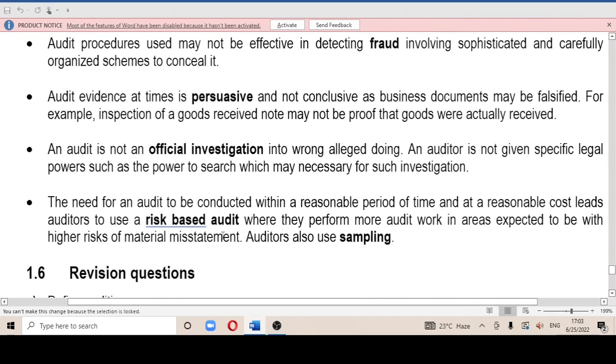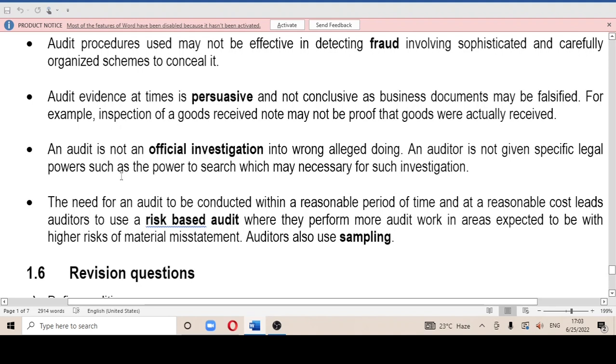Then the second last, it is saying an audit is not an official investigation. So they don't expect you to go to a particular entity to do an investigation, as an auditor.